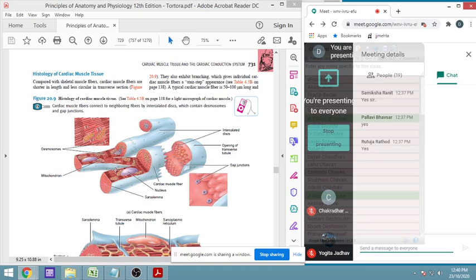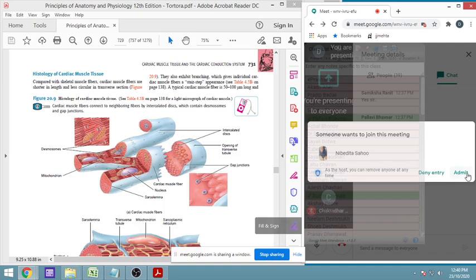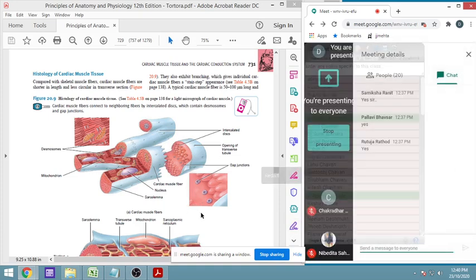Now there is a variety of junctions. At some places they are tight junctions, at some places simple junctions, and at some places gap junctions. So what are these gap junctions? Where the tissues are joined, there are structures we call desmosomes and hemidesmosomes.